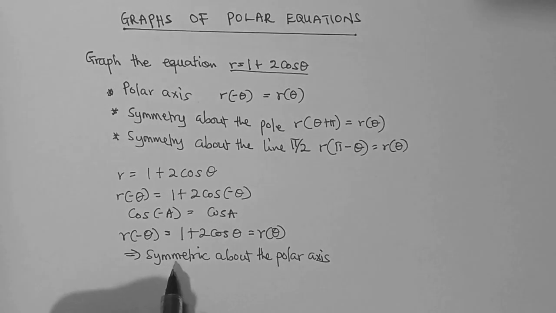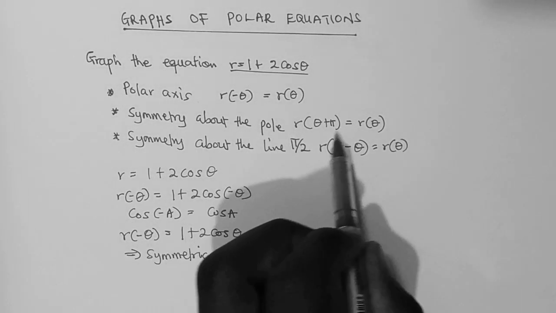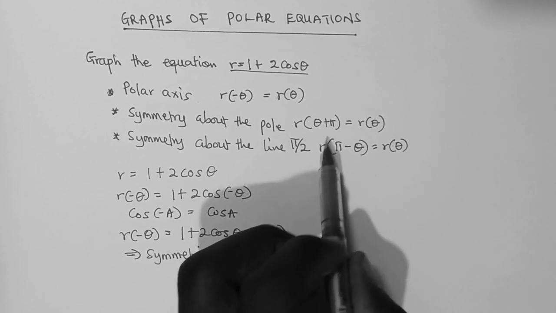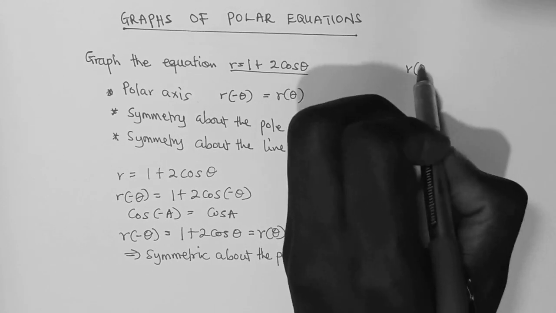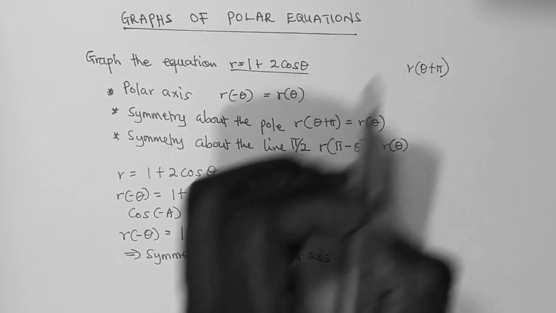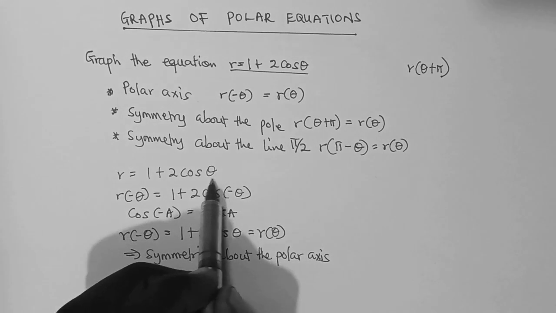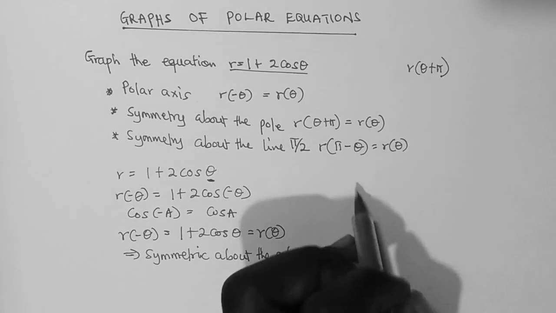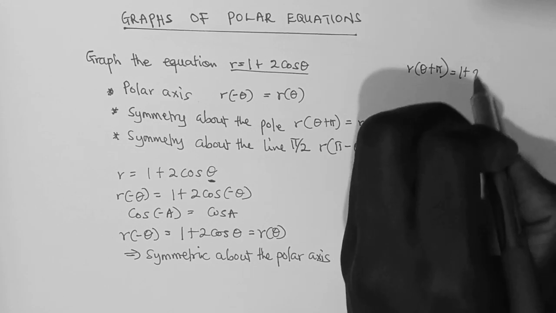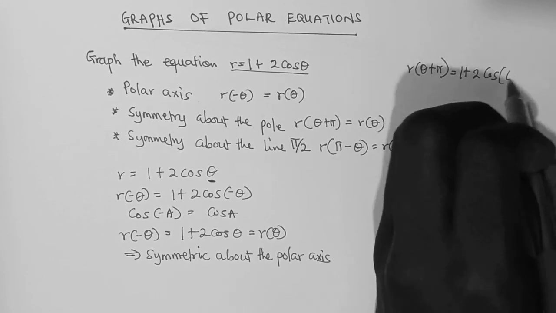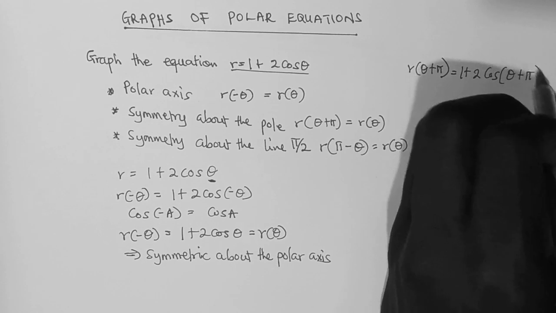Now, the next thing we need to look for is symmetry about the pole. For that, we look for r of theta plus pi. Wherever we see theta in this equation, we replace it with theta plus pi. So r of theta plus pi is equal to 1 plus 2 cos of theta plus pi.